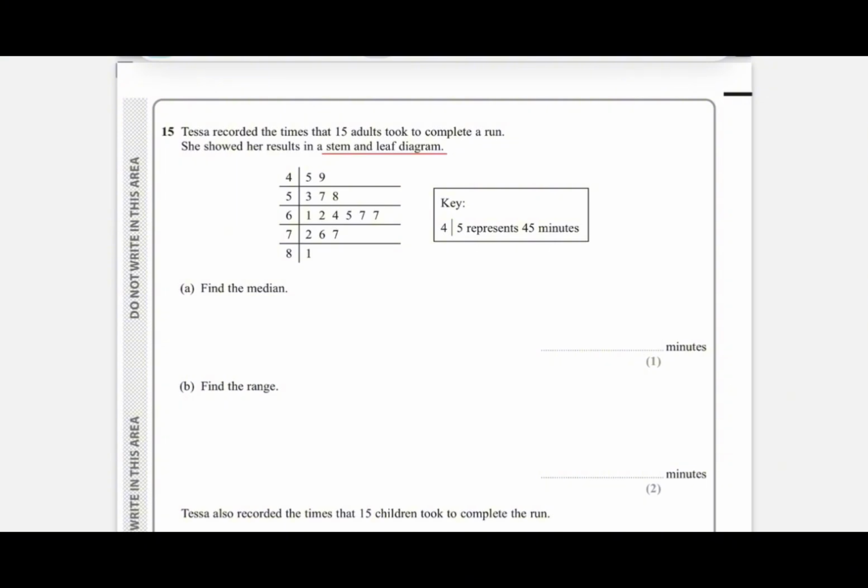The stem has the first number or first numbers, and then the leaf has the second number or second numbers, but it helps to put values in a somewhat easier to read and interpret way. So if you've got 4/5, as it says in the key here, that means 45.